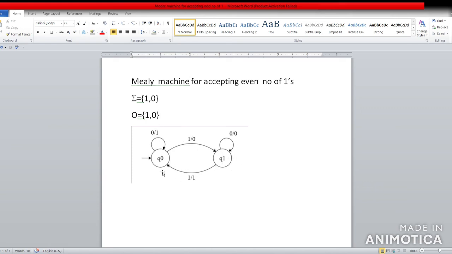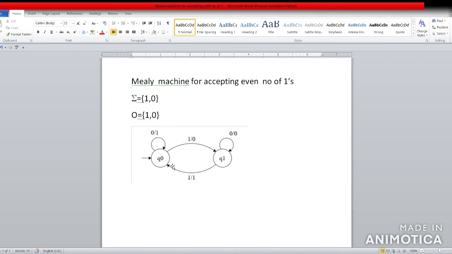Instead of that, decision will be taken on the output. So whatever the transition is shown here, the first bit is the input, and after slash there is an output. So when we are in Q0, and if there is a 0, it goes to the same state Q0 with output 1.